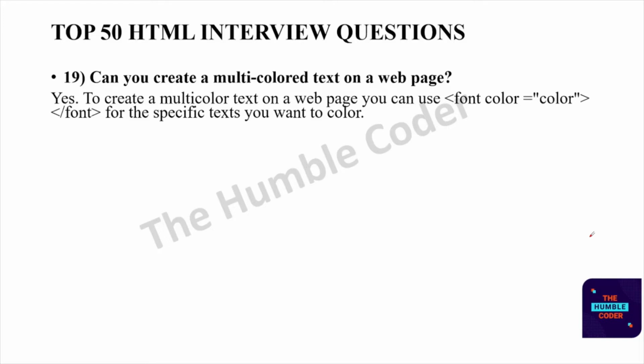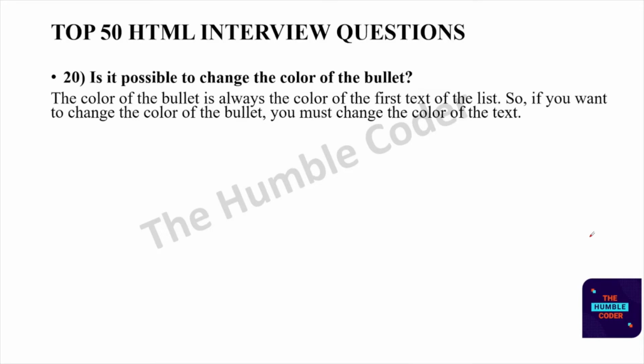Moving ahead with our next question. Is it possible to change the color of the bullet? The color of the bullet is always the color of the first tag of the list. So if you want to change the color of the bullet, you must change the color of the text. You might have seen that 90% of the time the color of the bullet is black only, because most of the time the color of our text is black only on the web page that we visit.